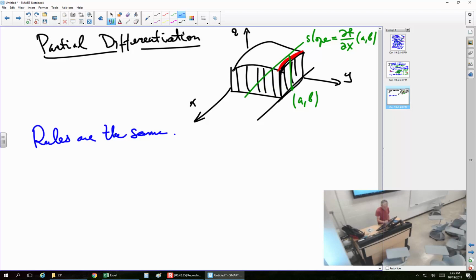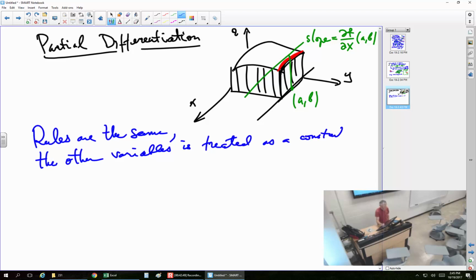But the other variable is treated as a constant. Not treated, it is a constant. So as I just said, x squared y cubed, if I am to differentiate it with respect to x, then y cubed is a constant.